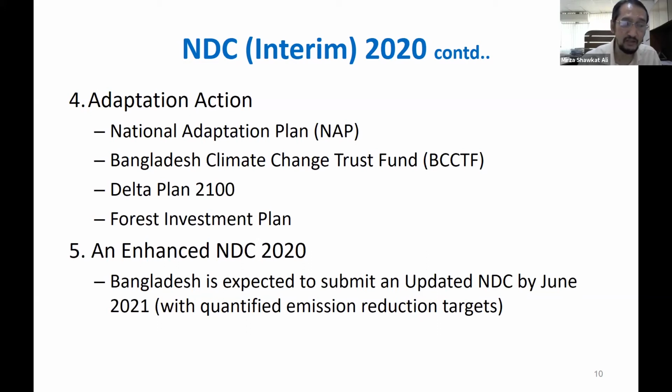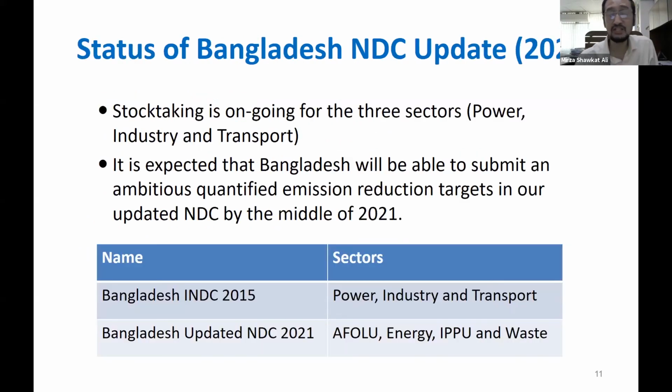We have done some sort of assessment of all our forest sectors, so we have mentioned that as well. And finally, we mentioned that we are going to submit an ambitious NDC by June 2021 with quantified emission reduction targets.